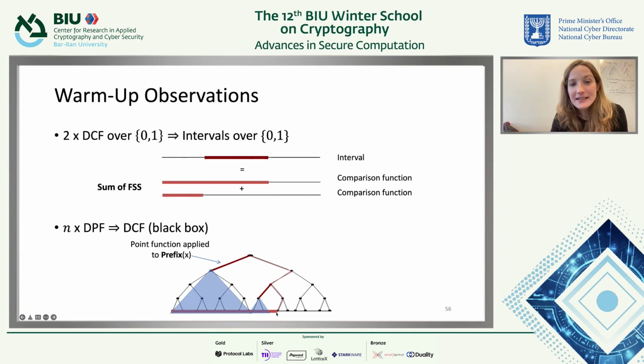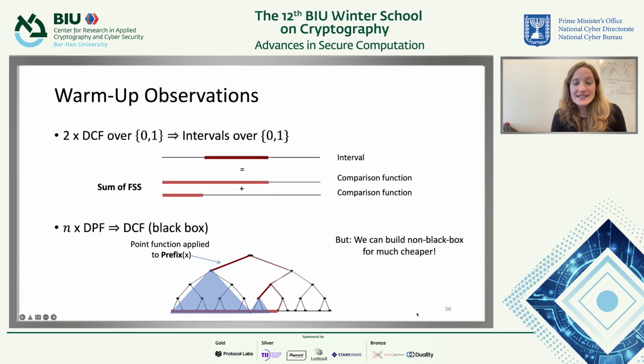This effectively takes the whole comparison interval and covers it with these subtrees, which are exactly the prefixes going off the path to the left from the path alpha. So how would you do that? For example, I can take the sum of a DPF for this short input, plus a DPF for exactly this prefix, plus a DPF for exactly this prefix, and so forth.